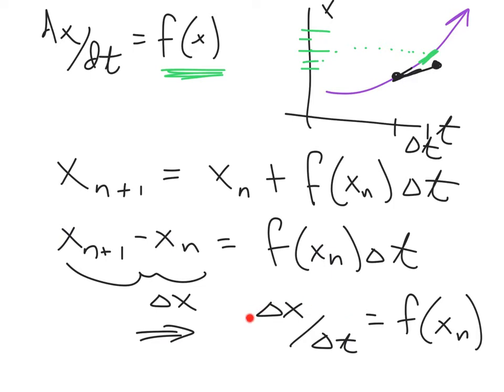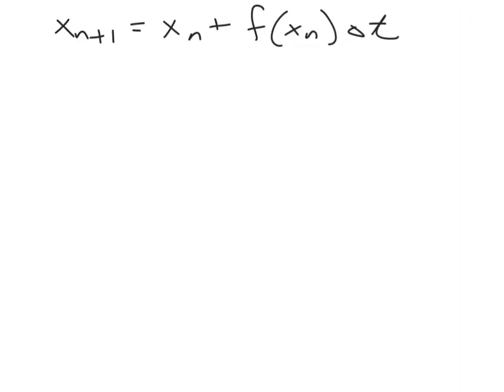And if we were to take the limit as delta t goes to 0, then this would become dx dt, and this would become f of x. And so in the limit where these time increments become very small, this discrete approximation, this discrete map, converges to this differential equation. So this discretization is pretty similar to the original differential equation.